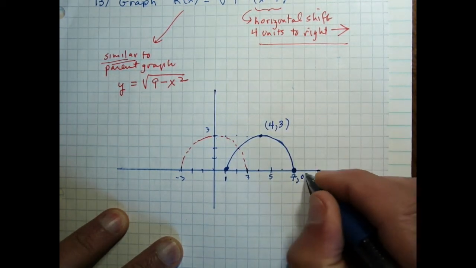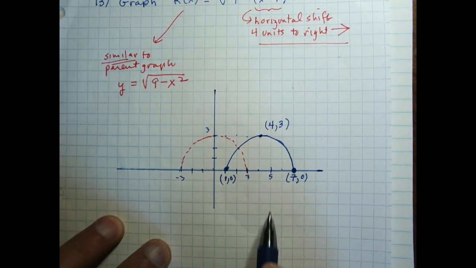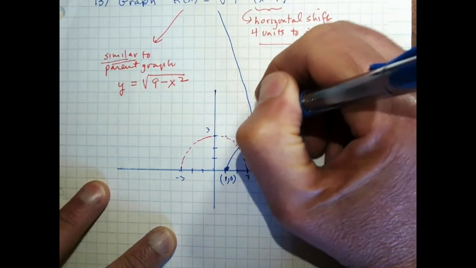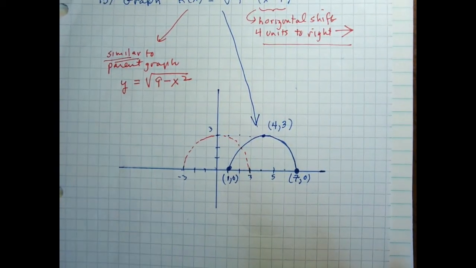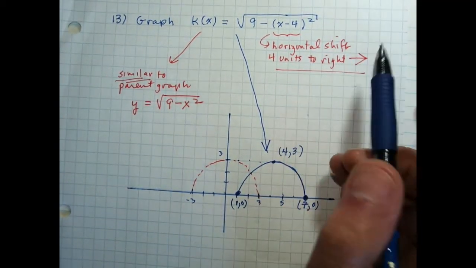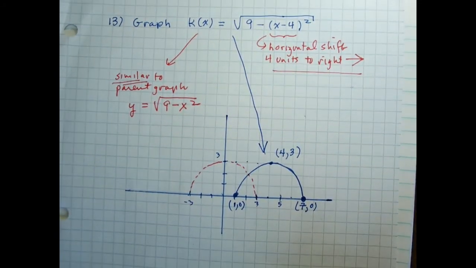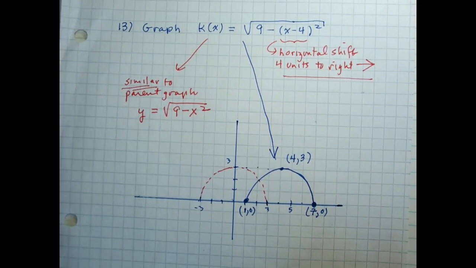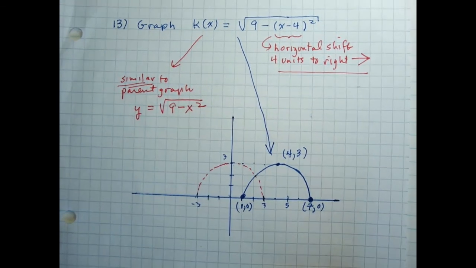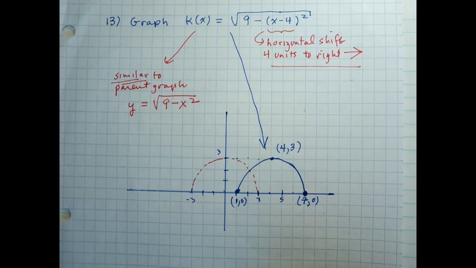So this is 7, 0, 1, 0, and 4, 3 are, again, points on my graph of this function k of x. So if you know how to look at this crazy looking expression for the function in just the right way, it's not too hard to understand what that graph would be, just a horizontal shift of a half circle.